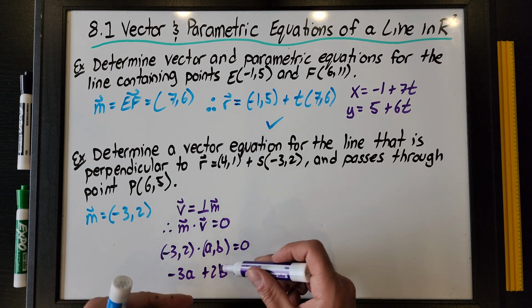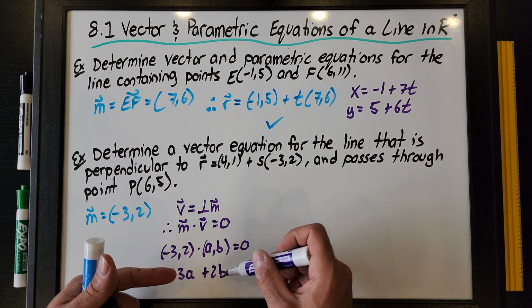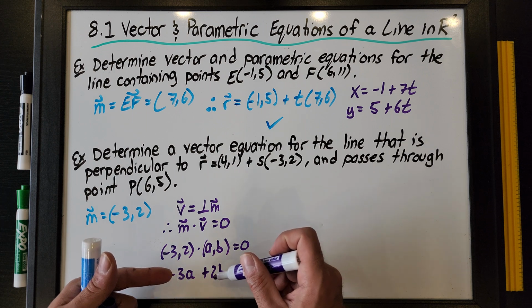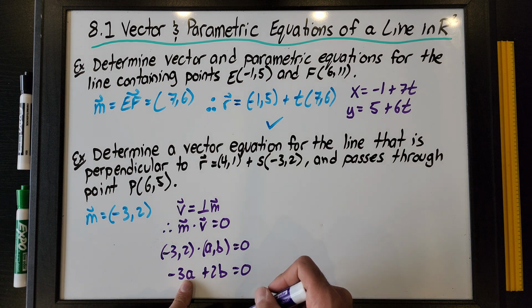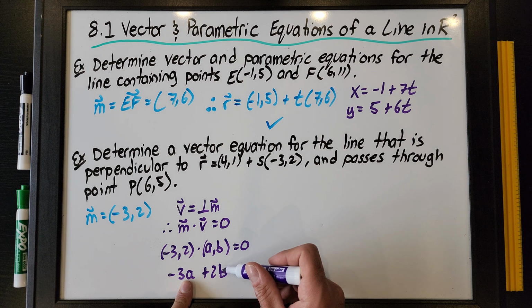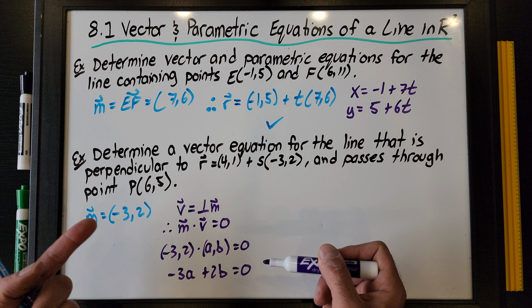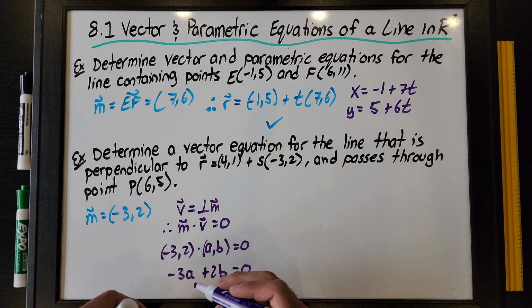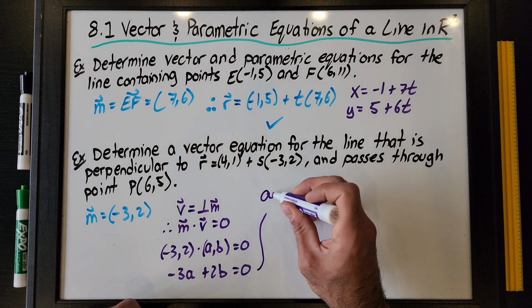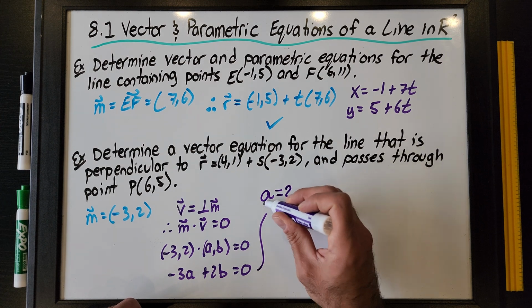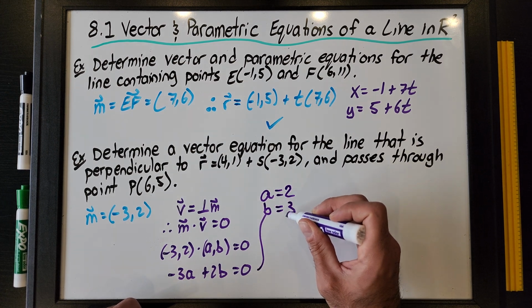I know you're thinking, oh, but there's 2 variables, how are we supposed to solve? But really, it's equal to 0. So if I plug in a 2 here, I get negative 6. If I plug in a 3 here, I get positive 6. So I can just switch these coefficients, and I'm always going to get 0 as long as the sign's opposite, right? So here I understand that a is equal to 2 and b is equal to 3.